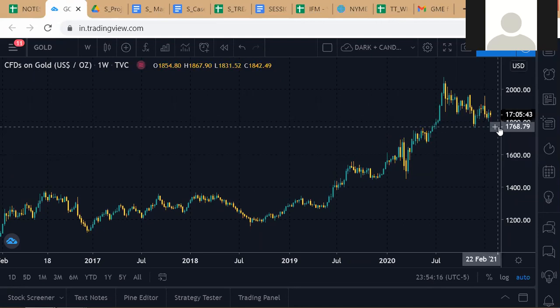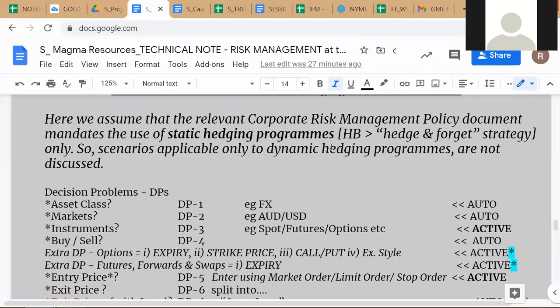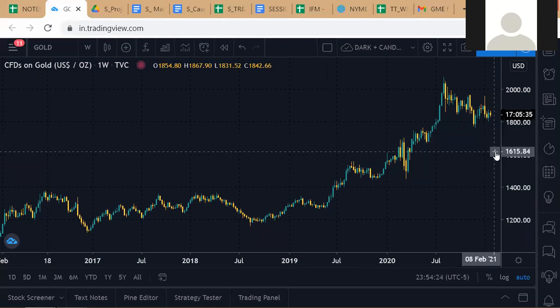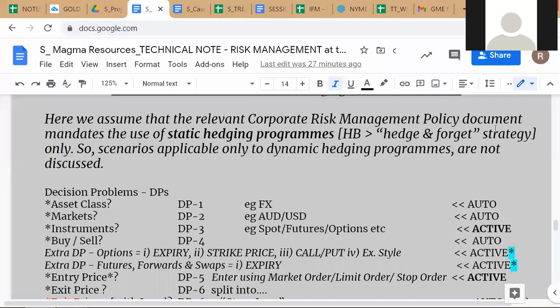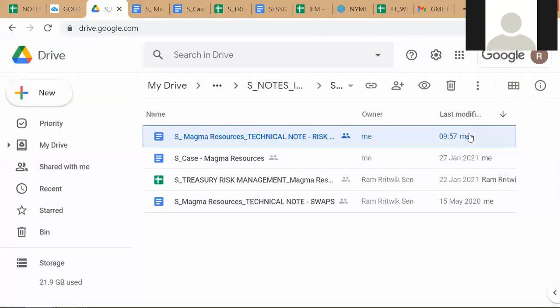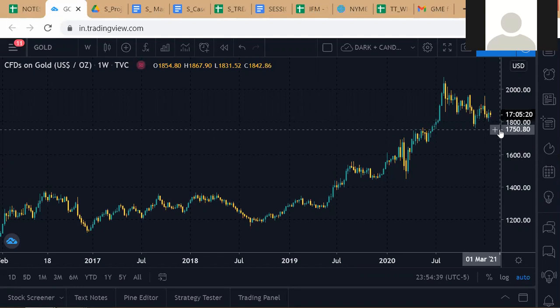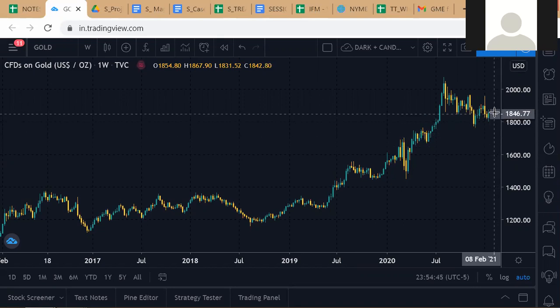But the point is, because you're running a static hedging program, you are not allowed to do this. This is why it's called a hedge and forget strategy. So even if there's a long time to go for your hedge, the majority of the hedged underlying position is quite far away, and you see the drop, and you have a strong view that it's going to turn around and rise quite rapidly, still, because you're in a static hedging program, you're not allowed to disturb the hedge.